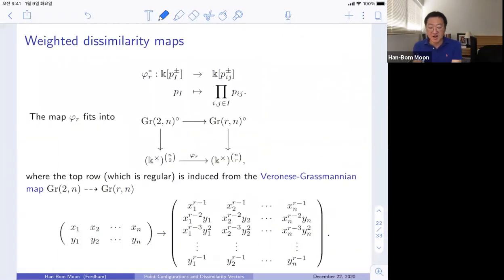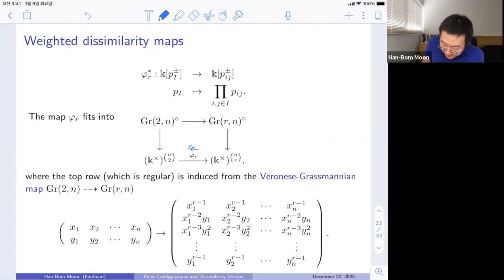Okay, so here is the algebra morphism between two Laurent polynomial rings. Furthermore, we have a map here from one torus to another torus. For the first torus, we have the Grassmannian, which is embedded into this torus. And for the second torus, the larger Grassmannian G(R,n) is embedded.